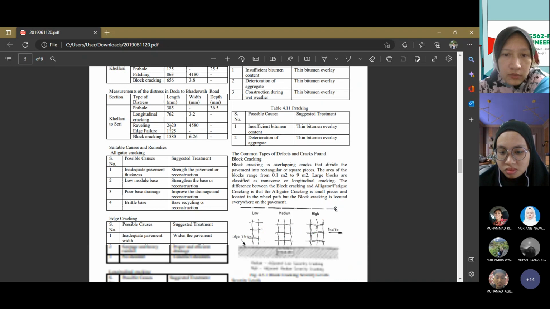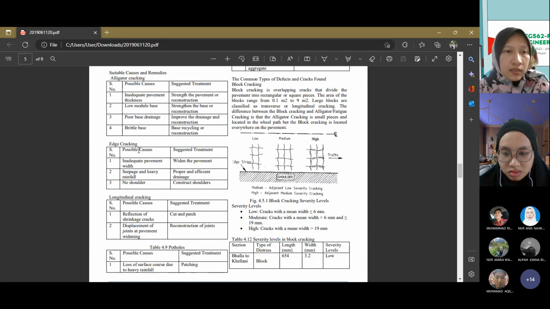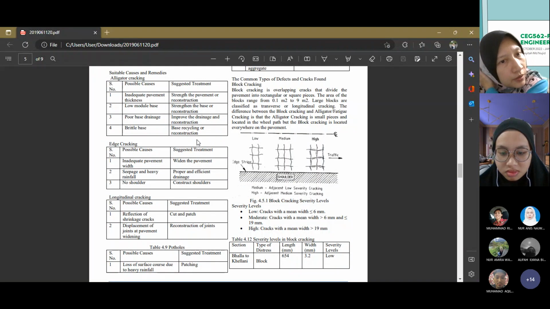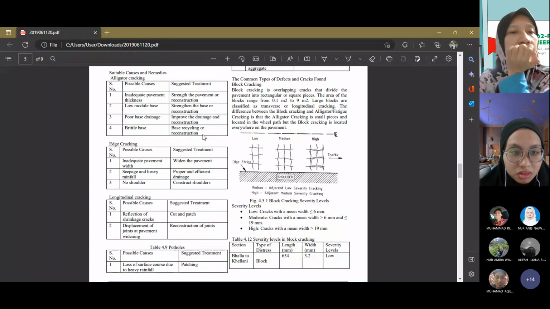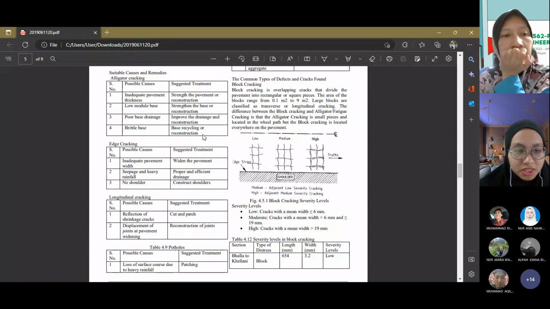It says low modulus base. What does it mean here? For the alligator cracking, what is a low modulus base?